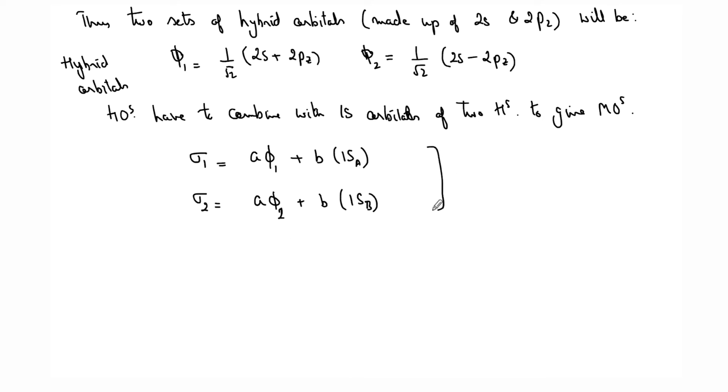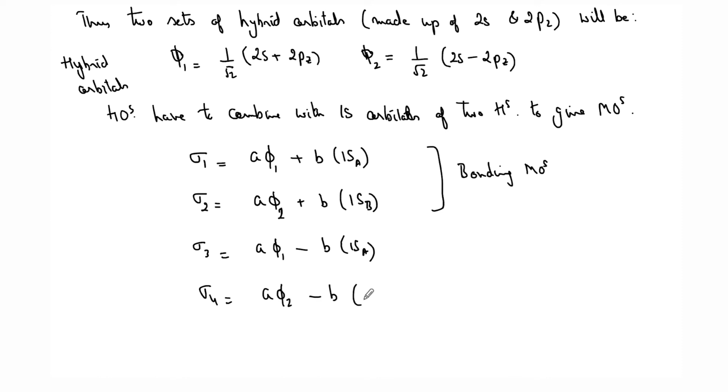These two together will create bonding molecular orbitals. Now, if something is combined with a plus, then there should also be a minus. Sigma 3 is A phi 1 minus B 1sA, and sigma 4 will be A phi 2 minus B 1sB, right?